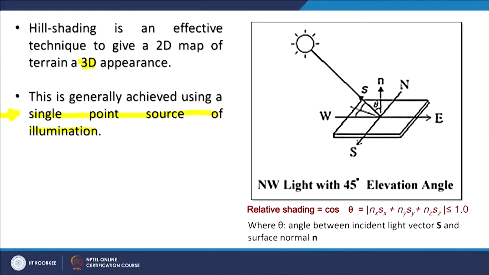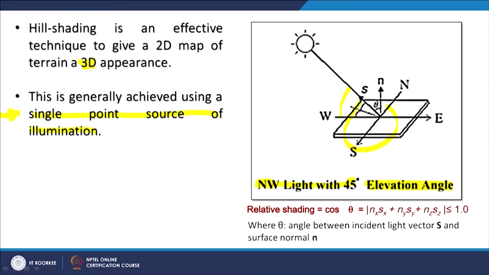So, as I have mentioned, generally the light comes from the northwest at 45 degrees, measured with reference to north, so it would be like this. The elevation angle you can choose; generally it is also kept at 45 degrees.